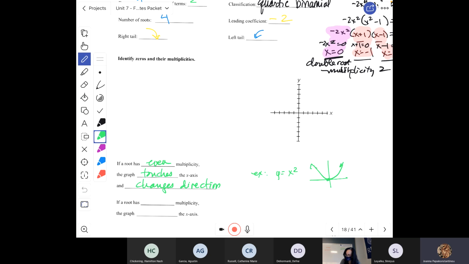Touches, changes direction. Single valued root with multiplicity 2. If a root has odd multiplicity, the graph crosses the x-axis. So for example, y equals x, right? Single unique root. Or y equals x cubed, right?